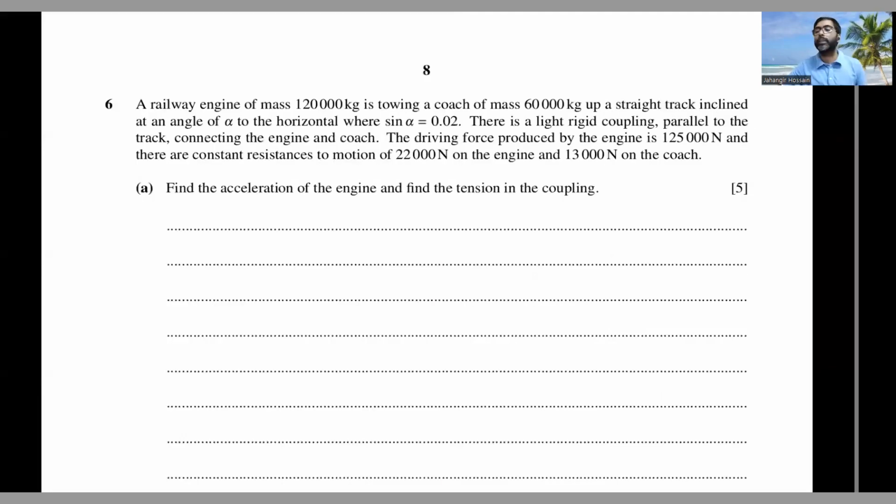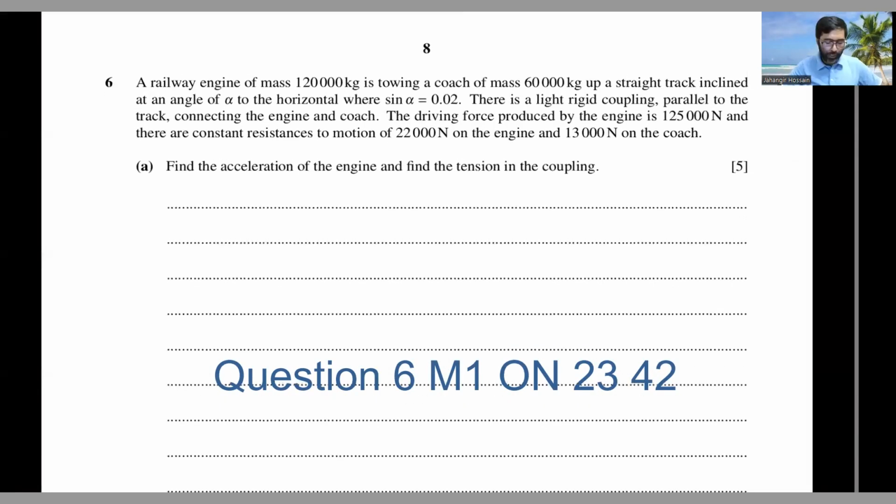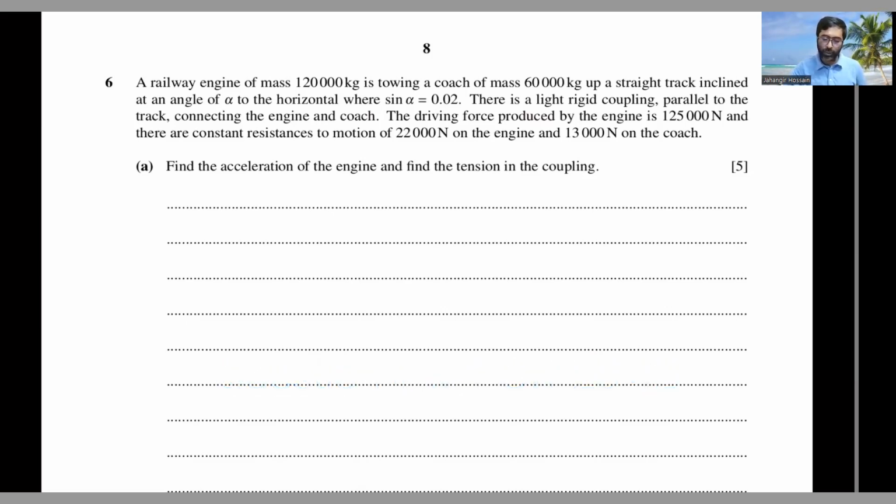In question 6, we have a railway engine of mass 120,000 kg pulling a coach of mass 60,000 kg up a straight track inclined at an angle alpha to the horizontal, where sin alpha is 0.02. There is a light rod coupling, parallel to the track, connecting the engine and the coach.